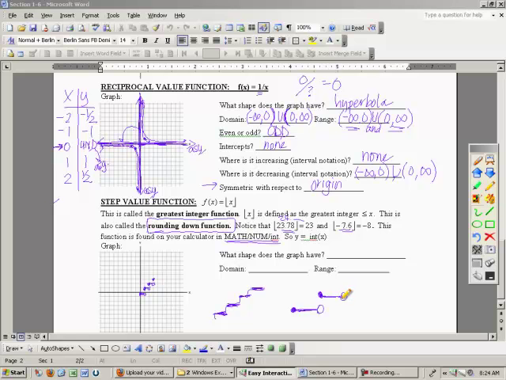And I can't have two closed circles here, because if I had two closed circles, it wouldn't be a function. And so that's what ends up happening on this graph, and I apologize, my pen's not doing a very good job of showing that. This is called a step function, and it just basically looks like a bunch of steps.